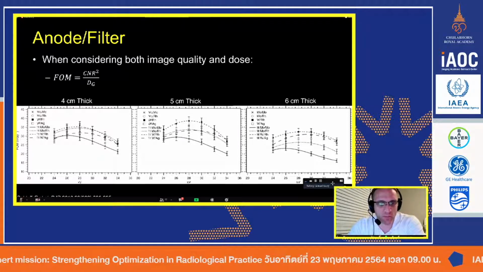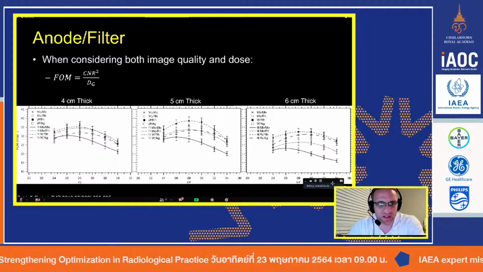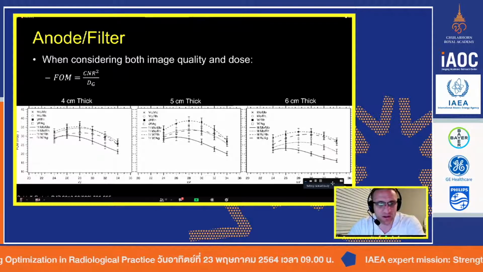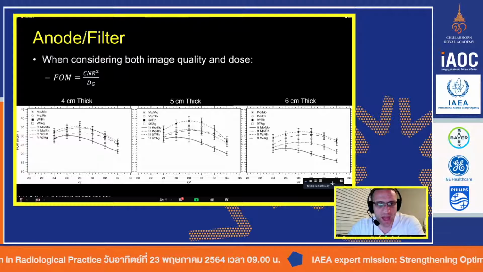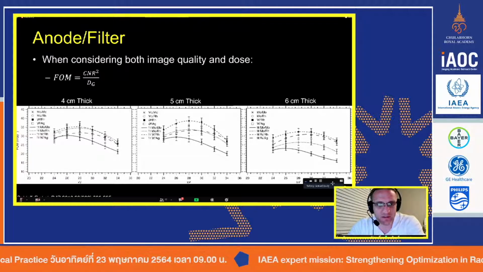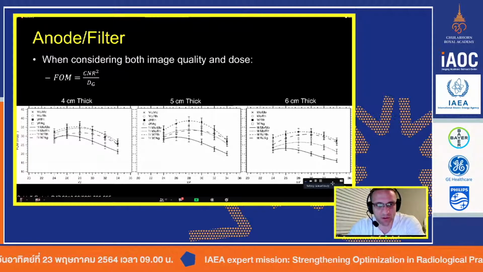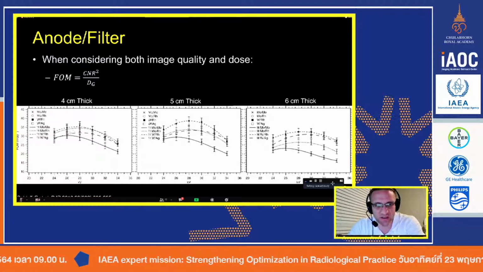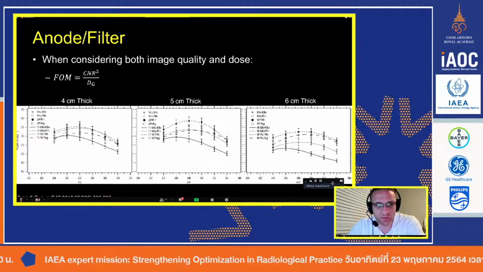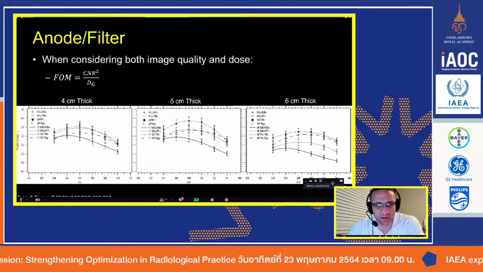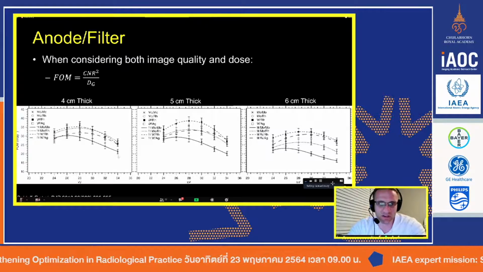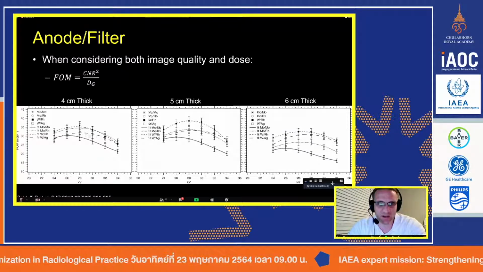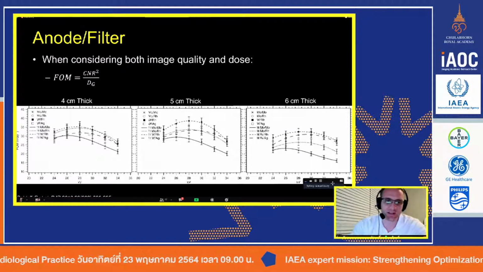Basically what you're looking at here is the dashed line on the very top, that right there is tungsten rhodium. The one right below it, the more closely spaced dashed line, is moly rhodium. Down here is moly moly, which is this solid line right here, and this dashed line right here is tungsten silver.